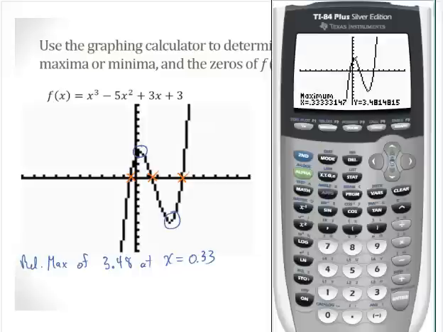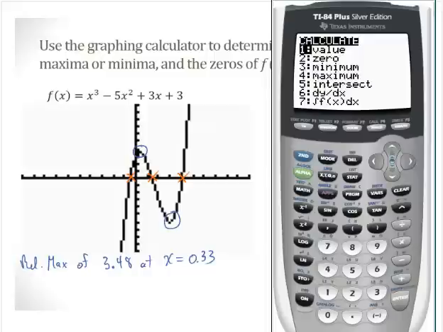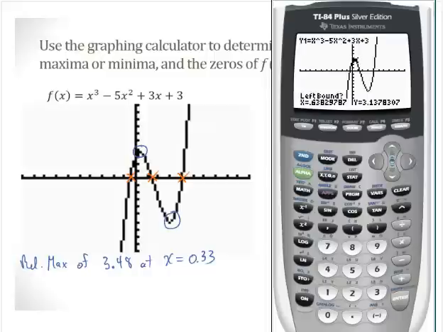Let's find the minimum. Go into the second, Calc, choose the minimum command. Hit enter. Let me scroll to the left. I'm going to stay left of where I think the minimum is and hit enter. Move to the right. Go past where I think the minimum is. Hit enter a second time. Move towards where I think the minimum is.